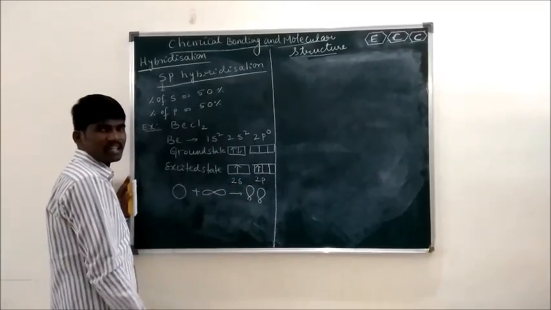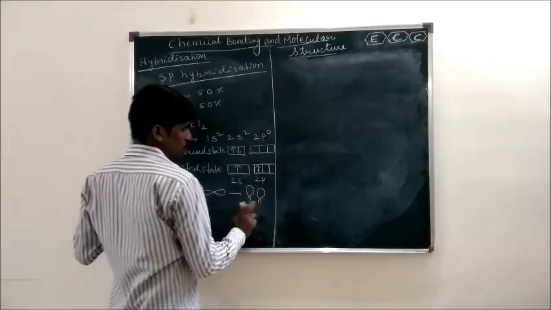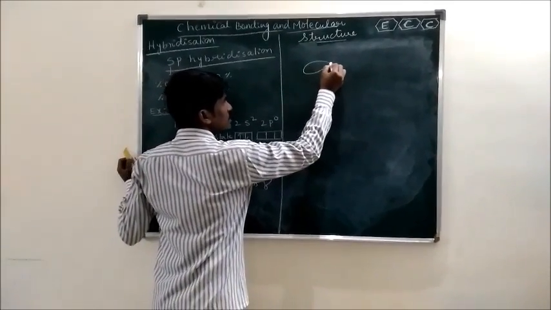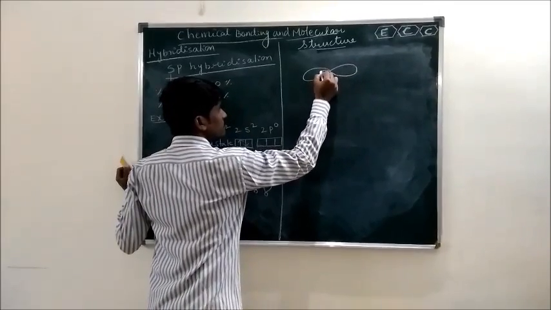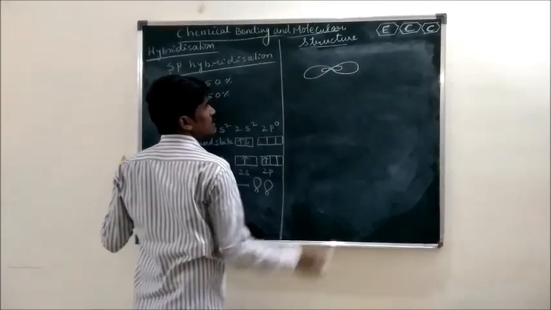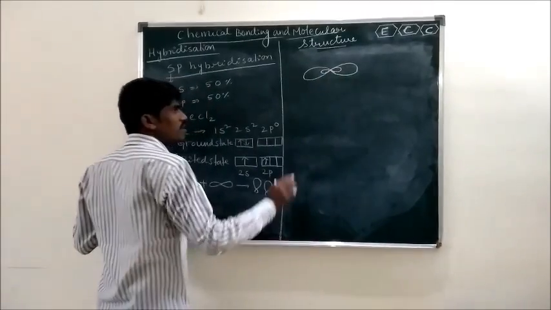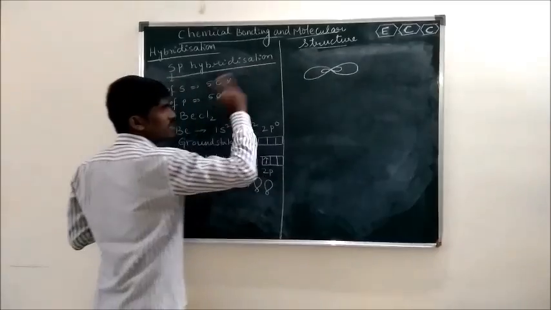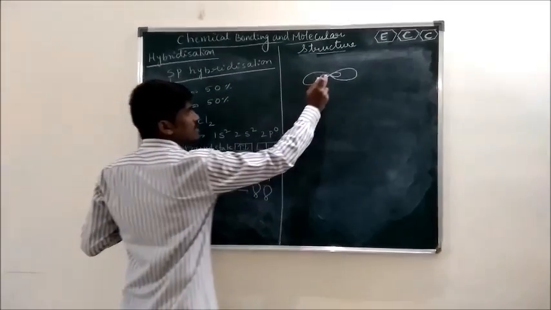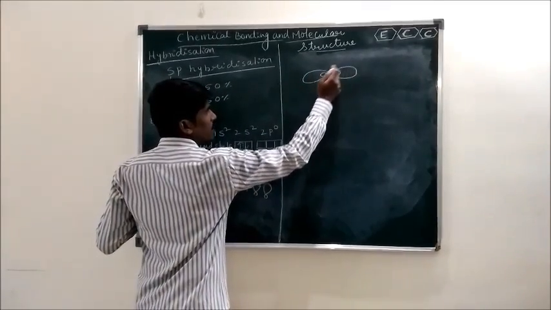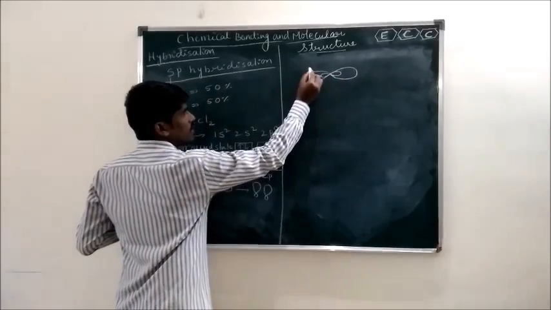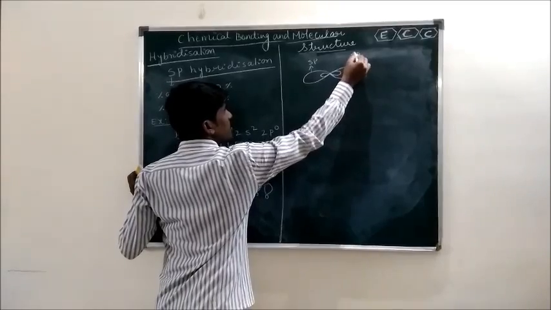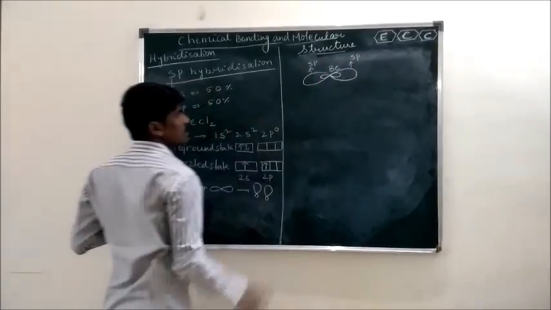If these two sp hybrid orbitals are arranged in a linear manner, electron pair repulsions will be less, and this arrangement gives more stability to the molecule. This is one larger lobe and smaller lobe, and it is one larger lobe and a smaller lobe. It is one sp hybrid orbital of beryllium, and it is another sp hybrid orbital of beryllium.